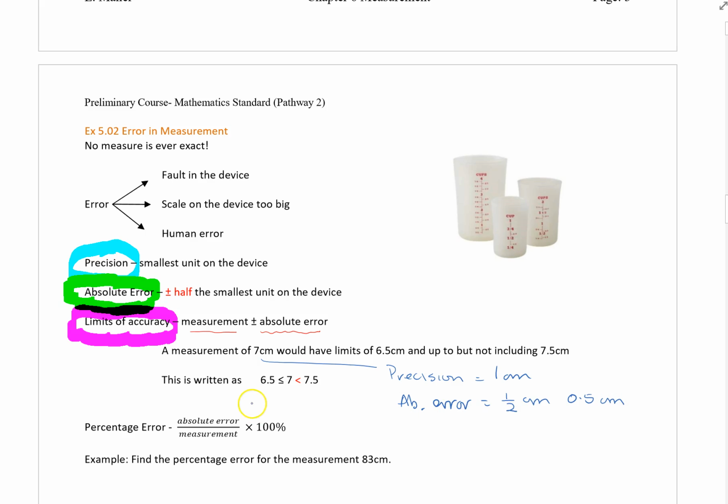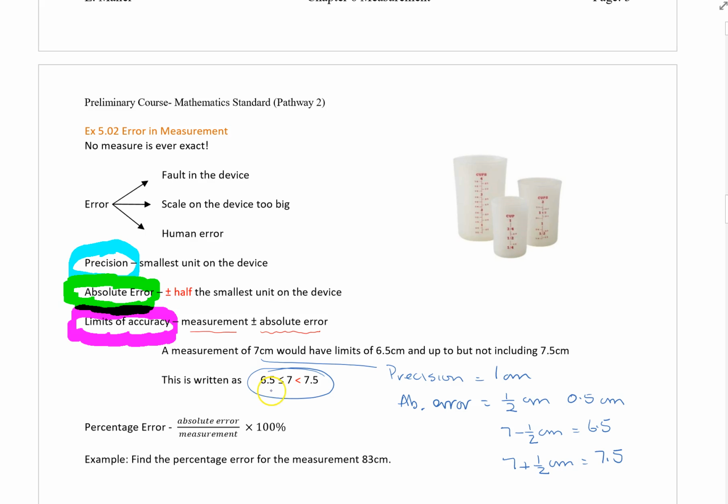Our limits of accuracy then is the measurement, the 7 minus half a centimetre, so that's 6.5, or 7 add a half, which is 7.5, and this is the way we write it. So we put the measurement in the middle and we say 7 is greater than or equal to 6.5.